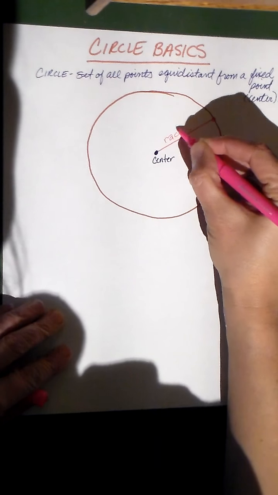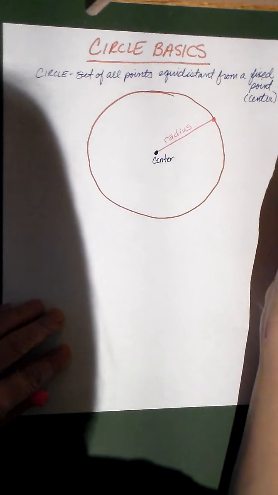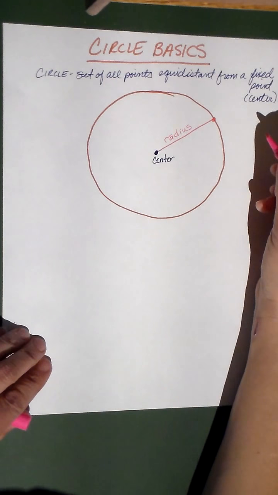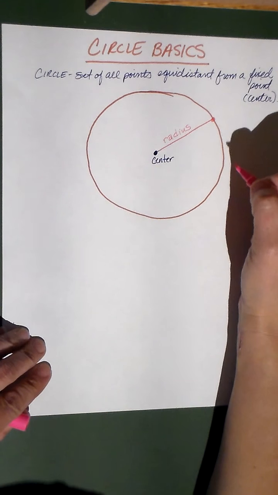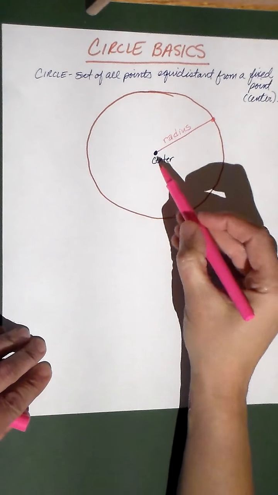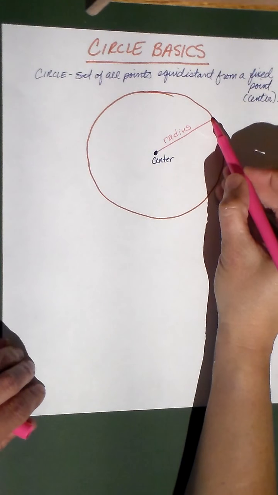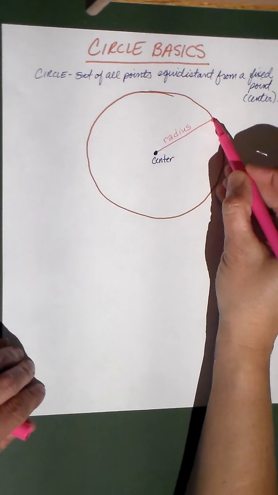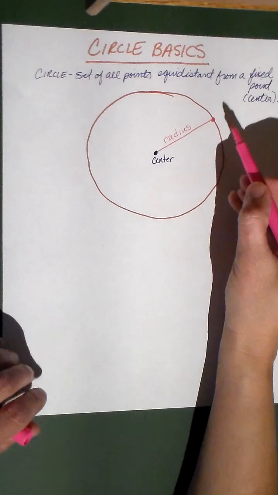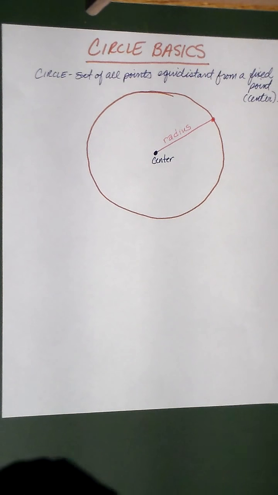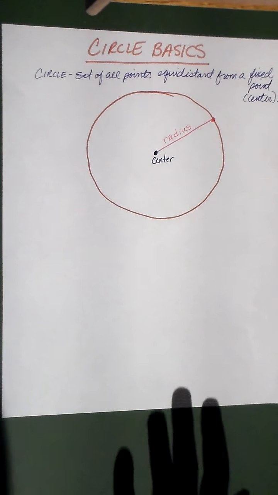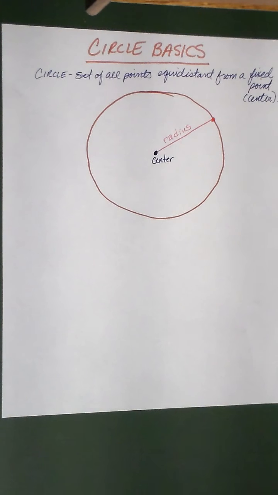The radius of a circle is a segment that goes from the center of the circle to a point on the circle. Notice this point is actually on the circle. It's part of the circle. So that's your radius. The radius is something we use quite frequently when we're doing circle measurements, so keep that in mind.